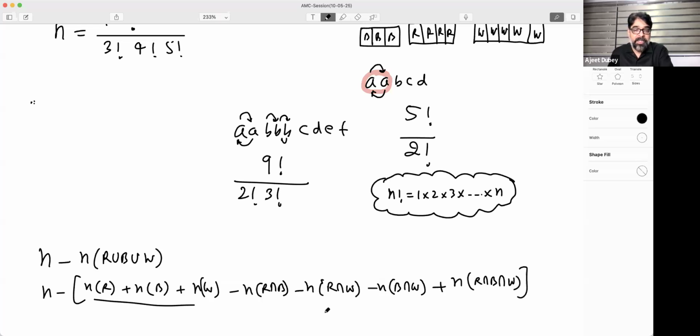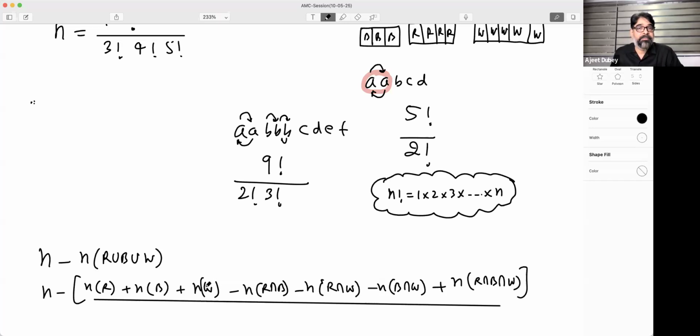These are the cases when either R is together, or B is together, or W is together. I hope it makes sense.